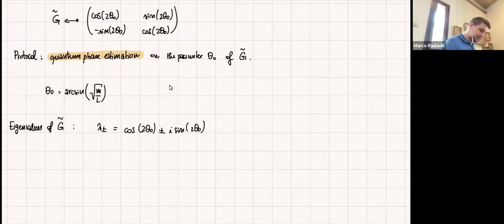If you compute them, this can be rewritten as e to the i 2 theta naught. Please stop me if there is anything wrong at any point.